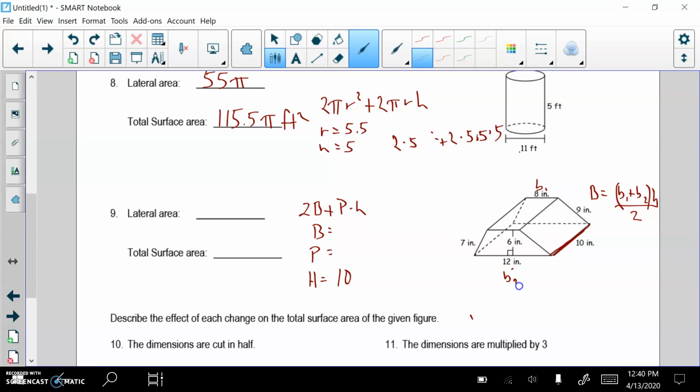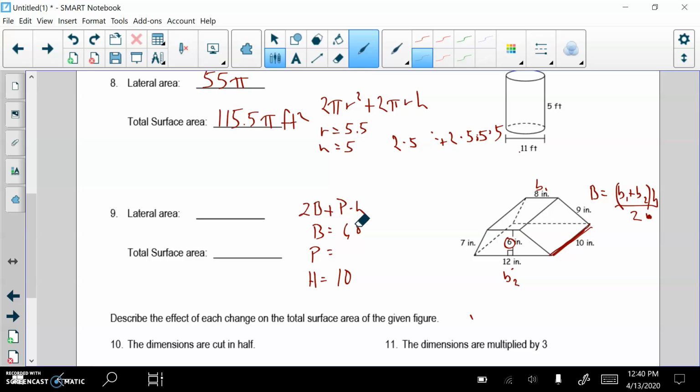You have to look sometimes front to back to find your two heights because the pictures give you the numbers sometimes in different locations. So B1 plus B2 is 20. 20 times the trapezoid's height. Don't mix the trapezoid height with the prism height. Trapezoid height is 6. So 8 plus 12 is 20 times 6 is 120. Divided by 2 is 60. So big B is 60.